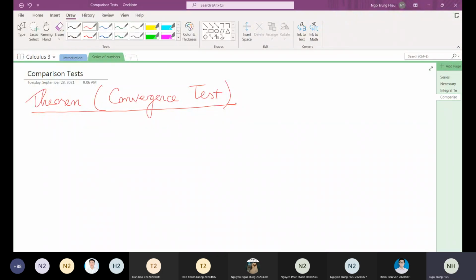So suppose we have a series sigma of xn and sigma of yn, and suppose we have two positive series.